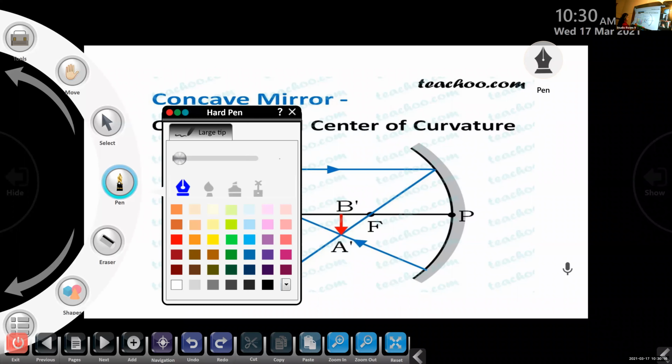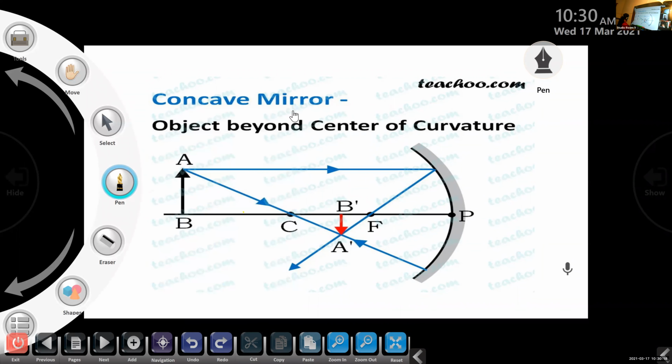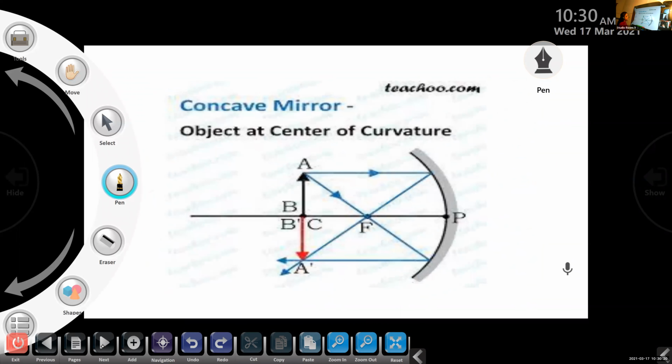All right. Now we can discuss the next case. If the object is at C, the image is formed at C itself. What about its size and nature? Same size, real and inverted. Very good.